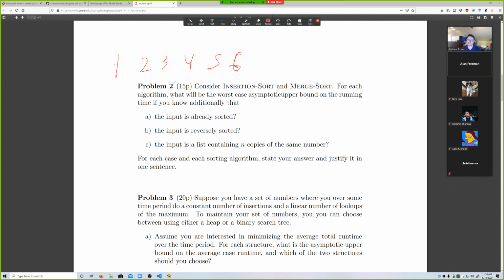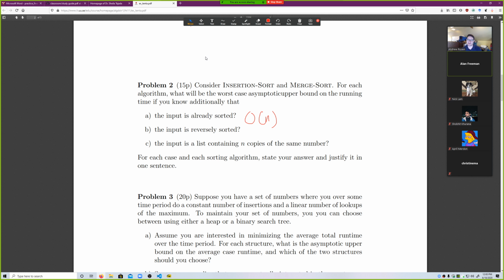We push 2 down to its appropriate space. It's there. 3 gets pushed down, which means it's there. 4, 5, 6. Each item we look at once and say it's in its appropriate spot. So it's going to take O of n time. Make sense? It takes O of n time if we know that it's sorted. That's why insertion sort's so handy, one of the reasons, at least.